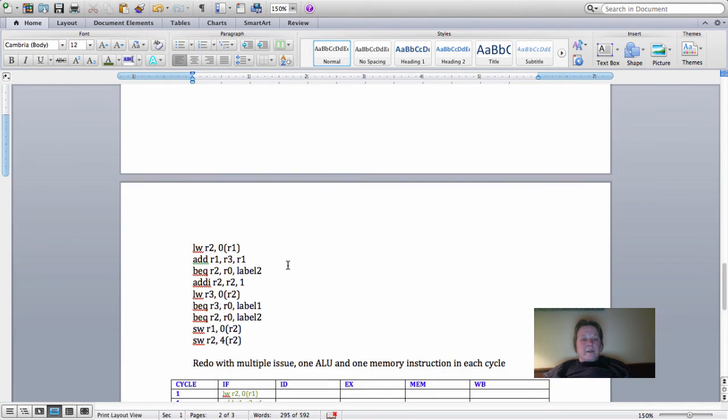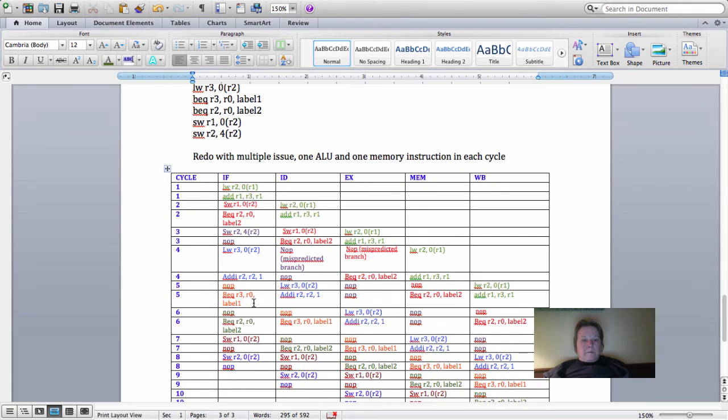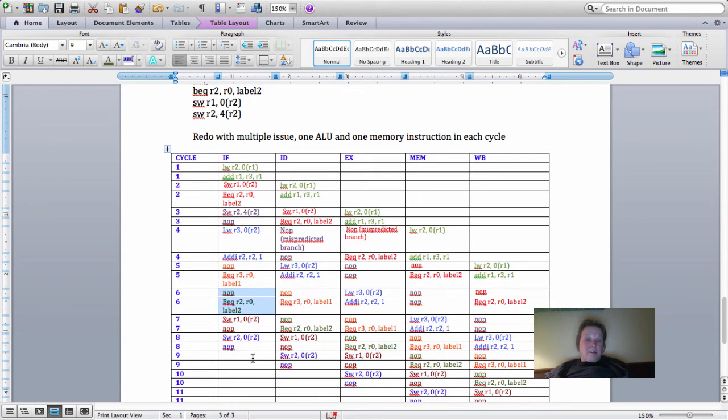So there aren't any loads we can load. So it's a branch and a nop. We assume it's taken, and so we load the next branch and a nop, because again there aren't any memory instructions coming up.